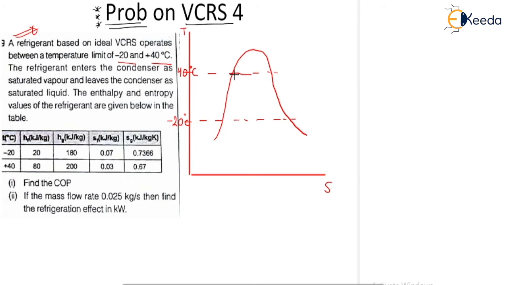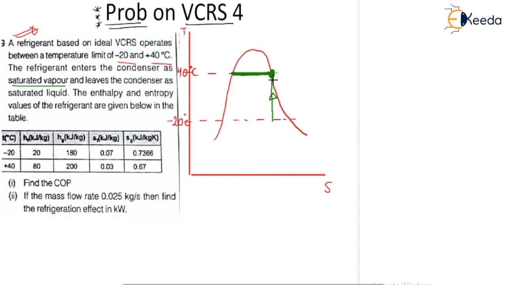This is the entry point of the condenser, and your refrigerant enters into this condenser in saturated vapor form. That means it enters from here.